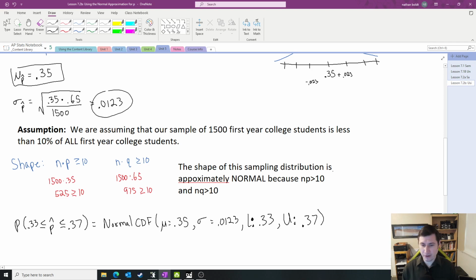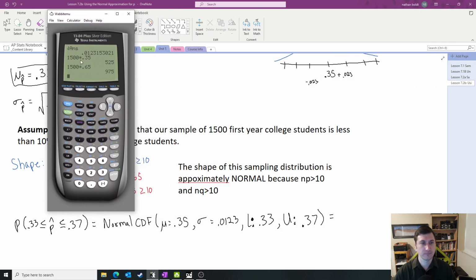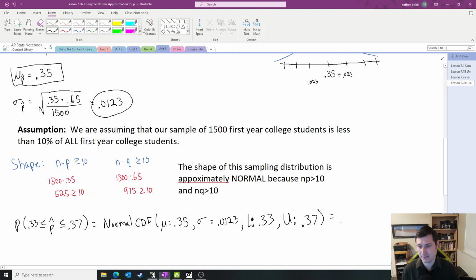So all we got to do now is throw that into the calculator. Second distribution, normal CDF, lower 0.33, upper 0.37. Our mean is 0.35, and our standard deviation is 0.0123. Hit enter a bunch of times, and you get 89%, 0.896.